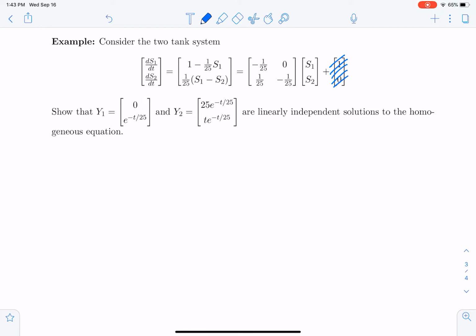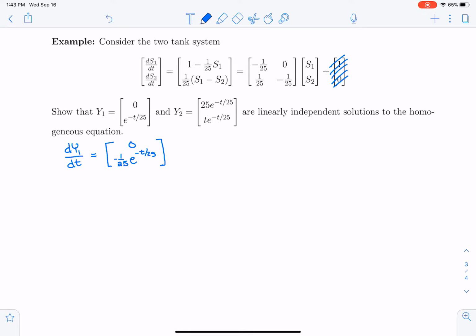So if I take the derivative of y1 with respect to t, I'm going to get 0 and then negative 1 over 25 e to the minus t over 25.